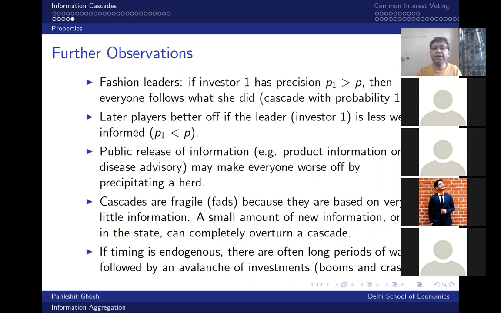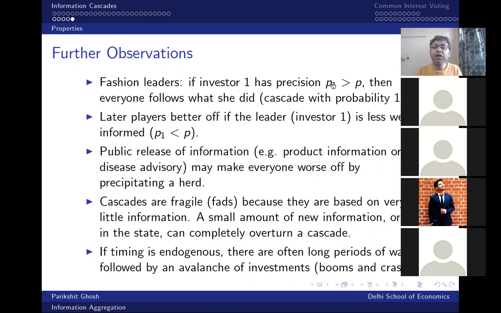Even after Bayesian updating, the second agent will believe that there's a greater than half chance that the state is a good state because the first guy with superior information got a high signal. And my signal is low, but the quality of my information is inferior. So if the first investor in this situation invests, then everybody coming after will invest, even if they get low signals themselves. So we have a cascade starting right from the first guy with probability 1.